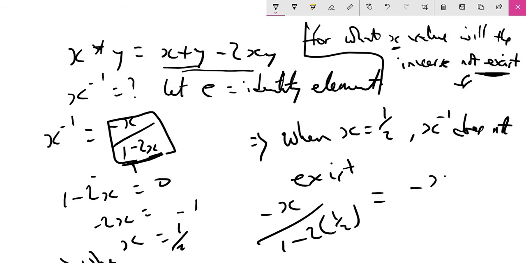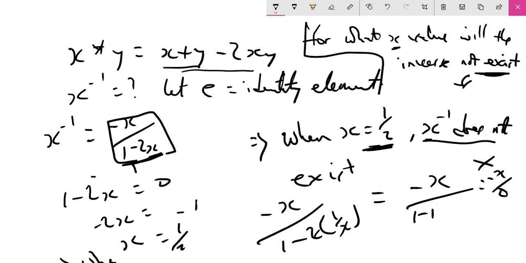Evaluate this, and you get minus x divided by, you see, half times 2 here. This cancels this to get 1 minus 1, which is 0. This is non-existent. It doesn't exist. So it is only when x is half that the inverse does not exist.